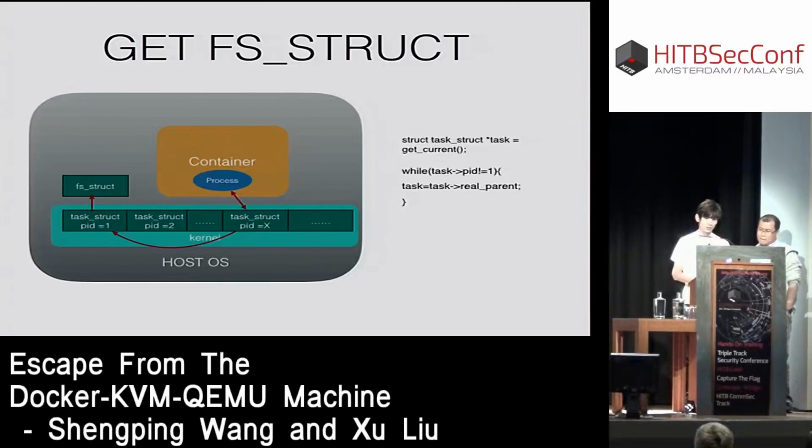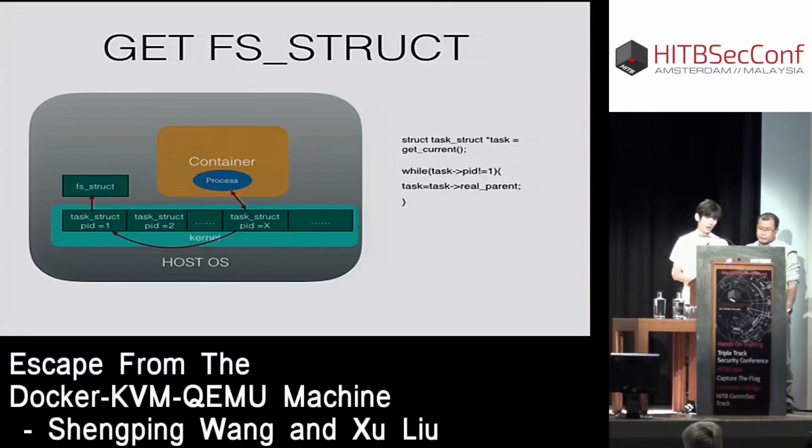As I have mentioned before, the task struct is the same one inside and outside the Docker container. And also, task struct is a doubly linked list structure. In the Linux operating system, all processes are generated from the initial process, which has PID 1. So after the process gets into kernel execution, we can get the init task struct from the current task struct, whose PID is 1 in its list.